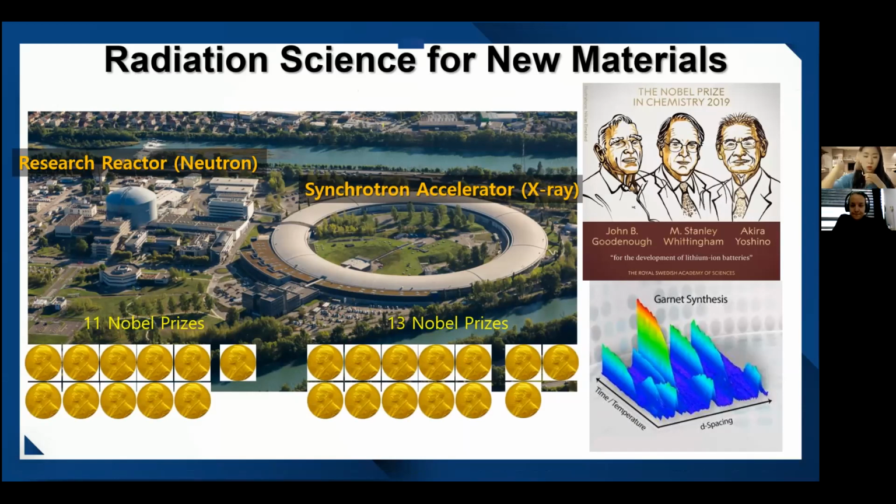These two facilities you're seeing right now are a research reactor using neutrons and a synchrotron accelerator using X-rays. And researchers utilizing these two facilities have resulted in 24 Nobel Prizes. So it's a pretty big field. And so this was a kind of introduction to what we do in the nuclear and quantum engineering department.